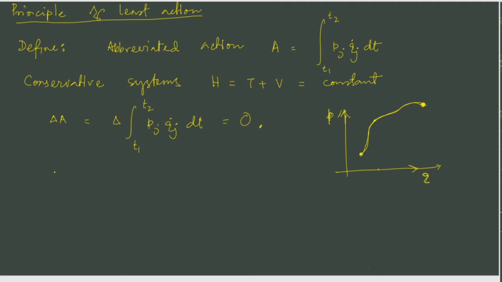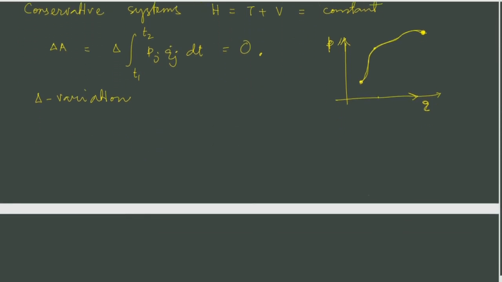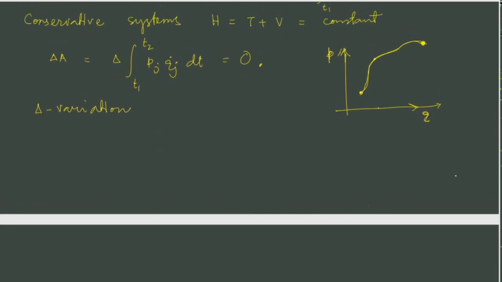But what is new here is what we call delta variation. This is unlike the previous variation. How so? Previously, we were looking at the generalized coordinate as a function of time, which starts from this point and ends at this point. Suppose this is the true path, and we were looking at a variation.